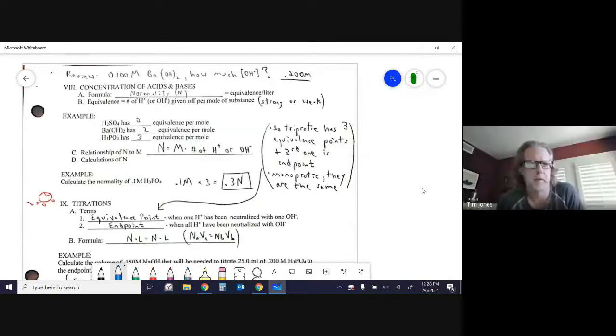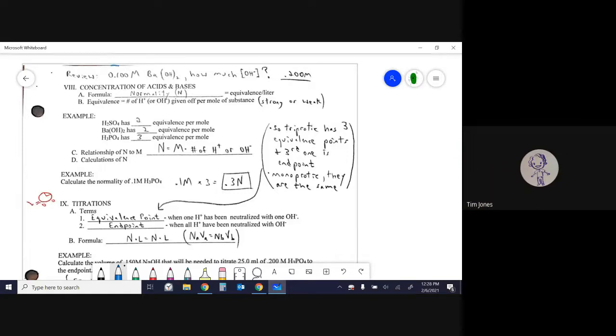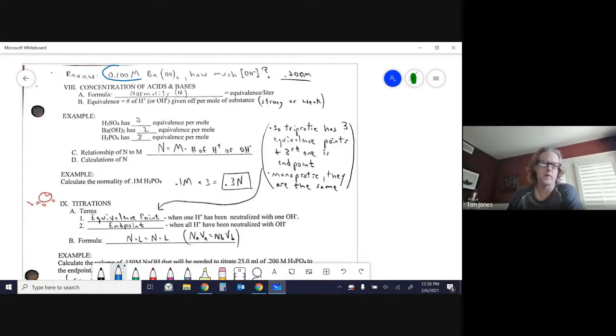And we start with a very simple review. If you have 0.1 molar barium hydroxide, what is your hydroxide concentration? Well, you just have to pay attention.